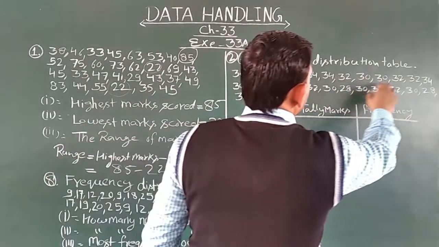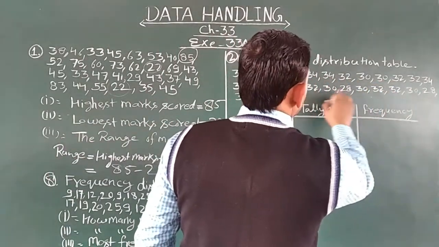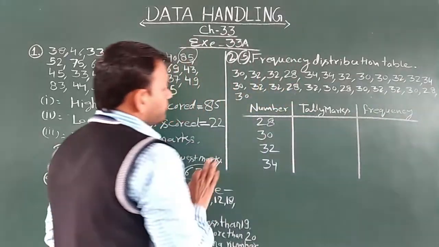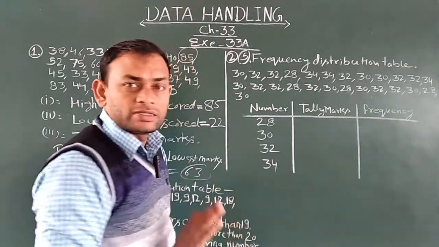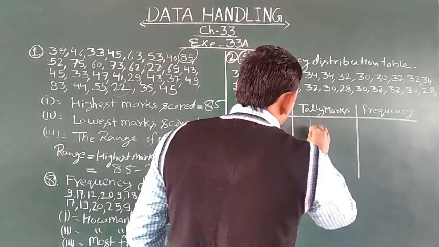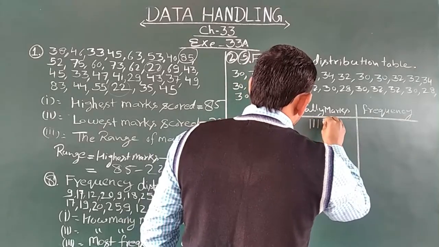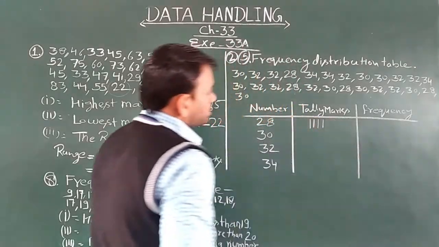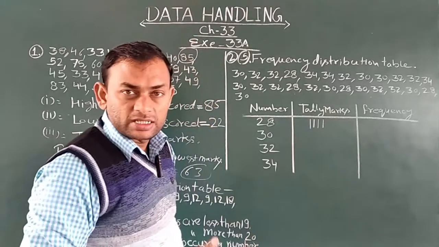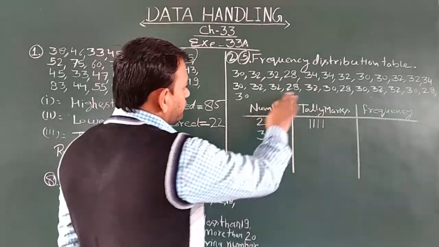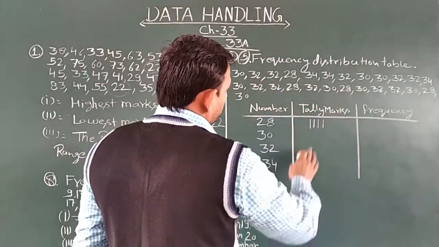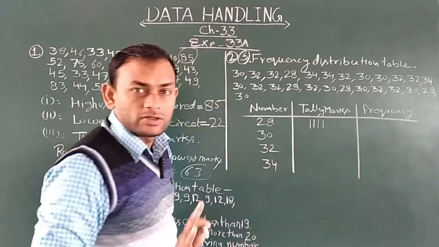So 1, 2, 3 and 4. 28 occurs 4 times in the whole data, so we draw 4 lines. Tally marks are shown by vertical lines.